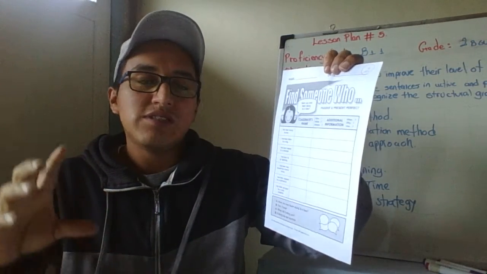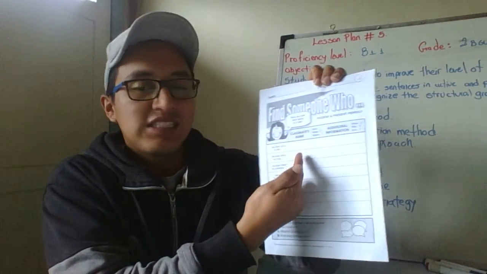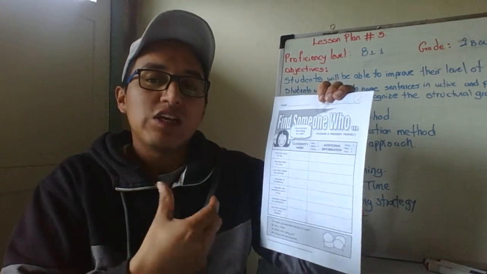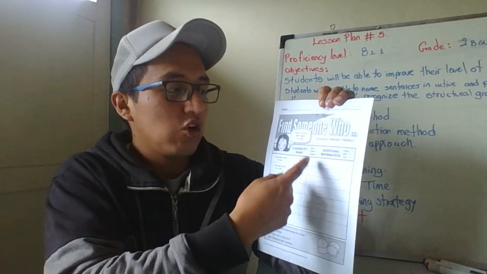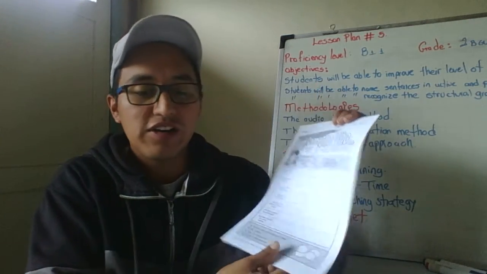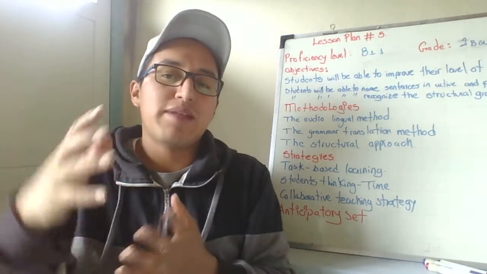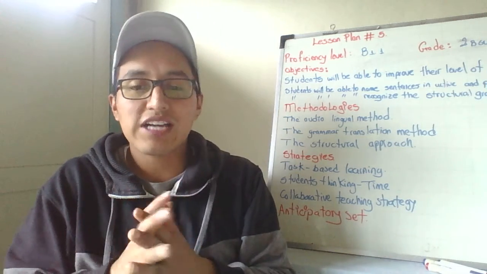If the information is true, then one student will have to write the name here. After that, they will complete with additional information: who, what, where.